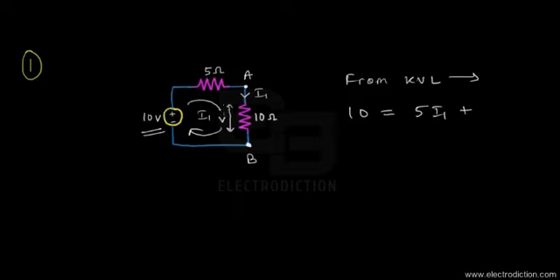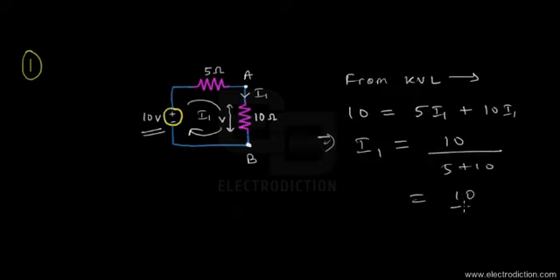It also flows through the 10 ohms resistor, so we get 10 multiplied by I1 as well. Since 5 and 10 ohms are in series, as you can see clearly from this figure, we can make I1 the subject of the formula and get 10 divided by 5 plus 10. That makes 10 by 15.